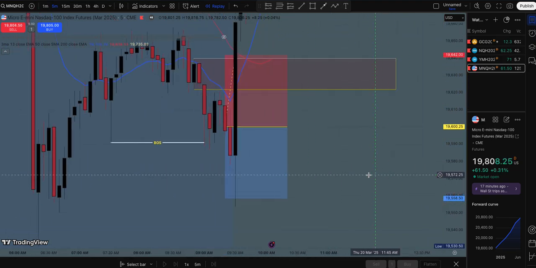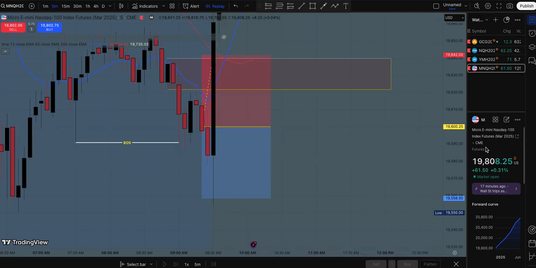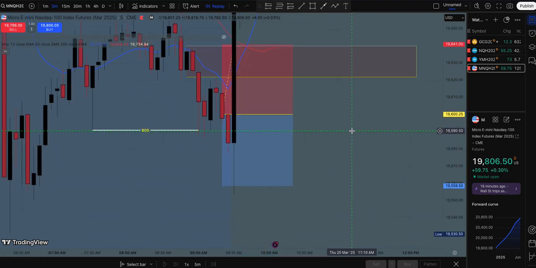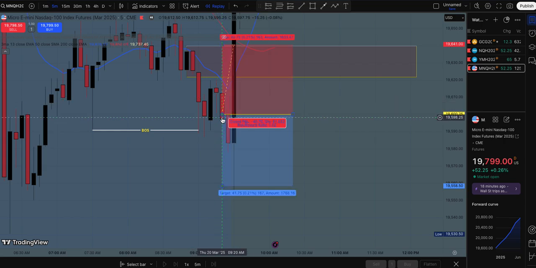This is how it would look. This is a 1-to-1. Now, I did enter early and I ended up getting stopped out, because after we pushed down a little when the candle opened, the next candle came and wicked up and put me in some drawdown. But nonetheless, I got stopped out and re-entered as we broke back below the original entry candle, and then we pushed down.